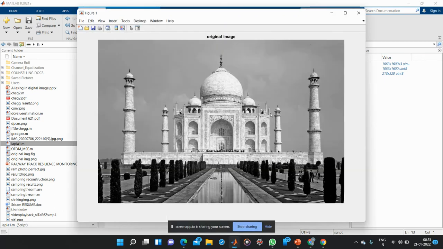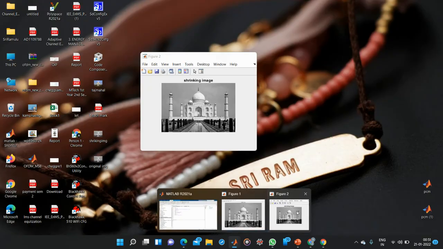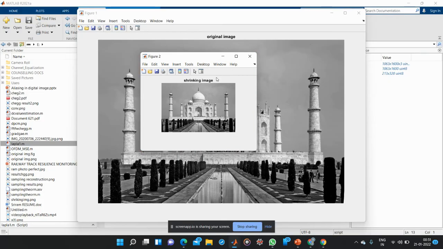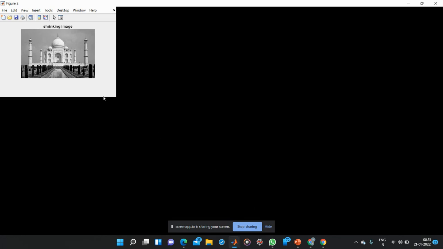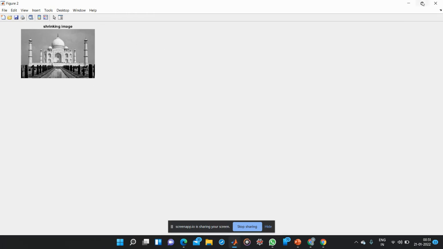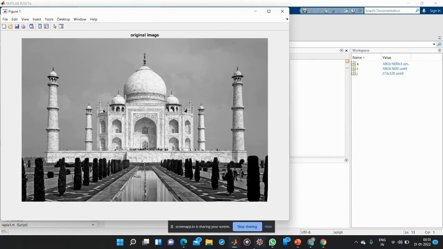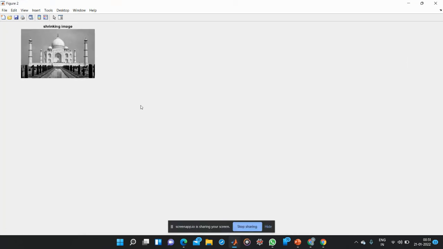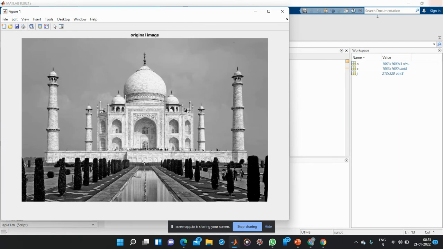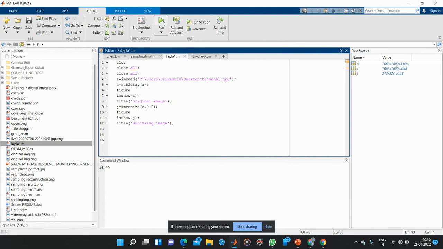This is the original image, and this is the shrinking image. Let me run it again.